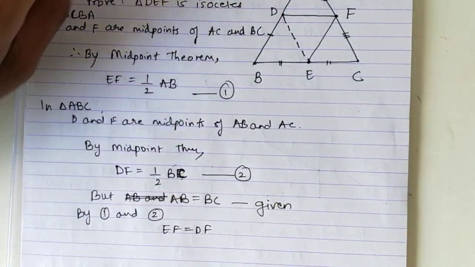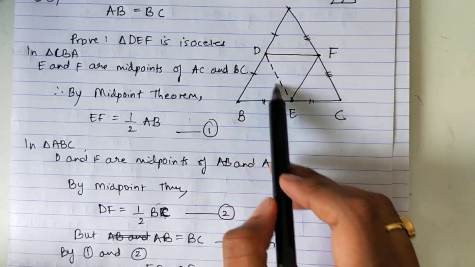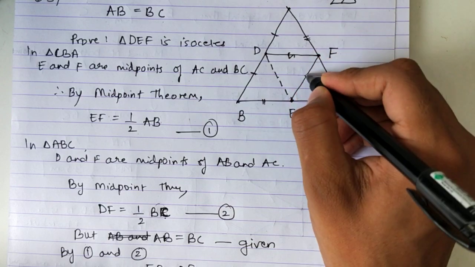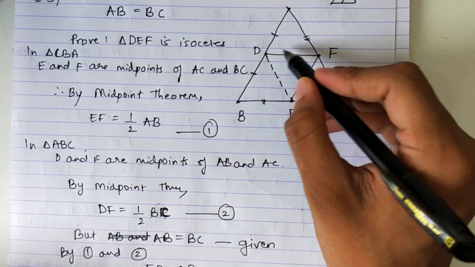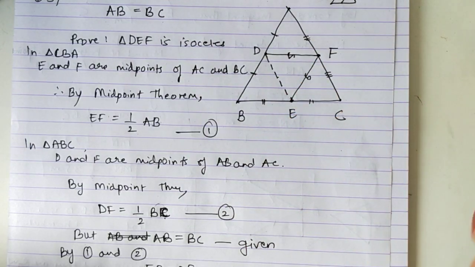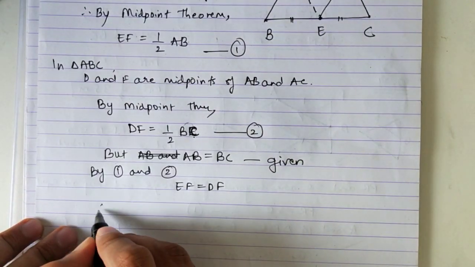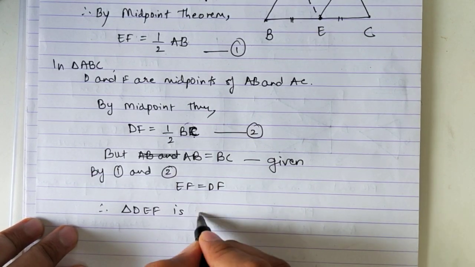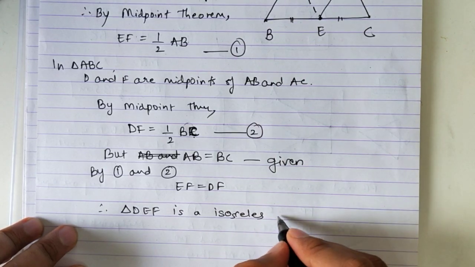Correct. So that means in this triangle DEF, EF is equal to DF. These two sides are equal, and if these two sides are equal, triangle DEF is an isosceles triangle. Isosceles triangle means two sides are equal. Therefore triangle DEF is an isosceles triangle.